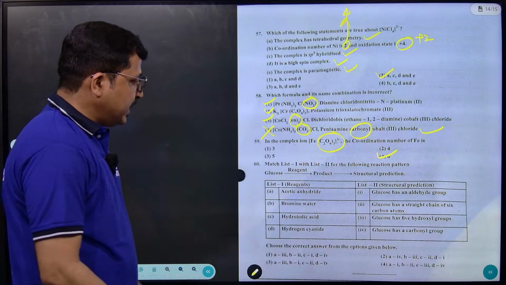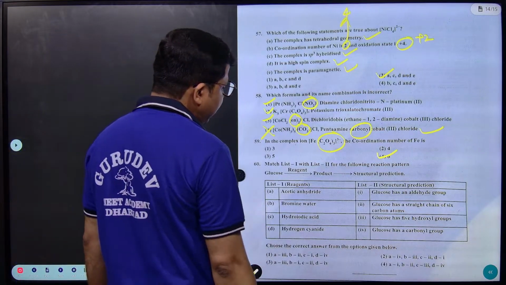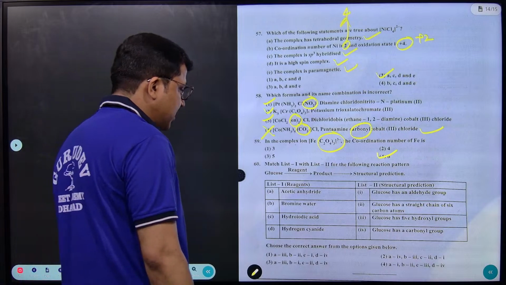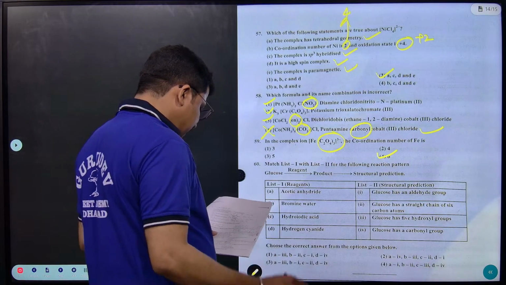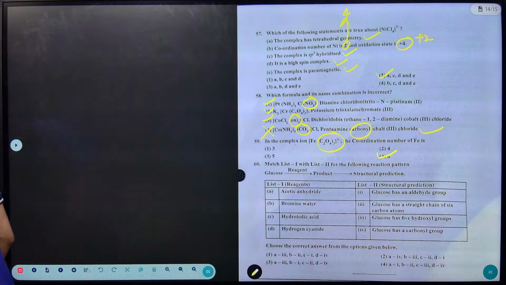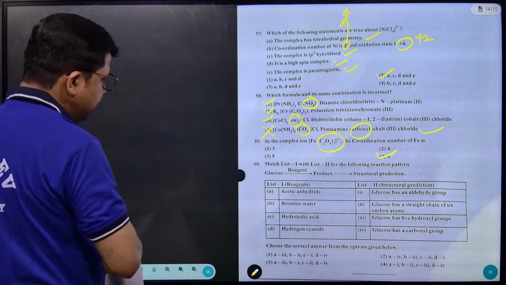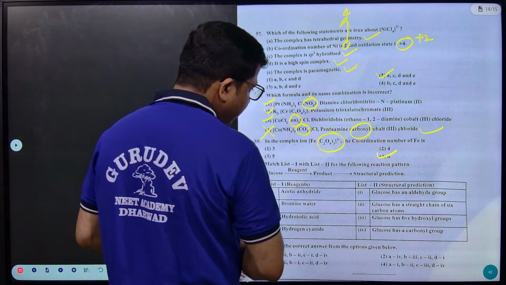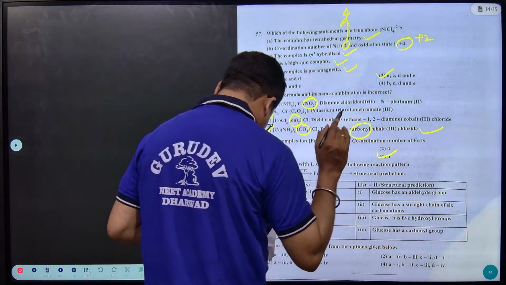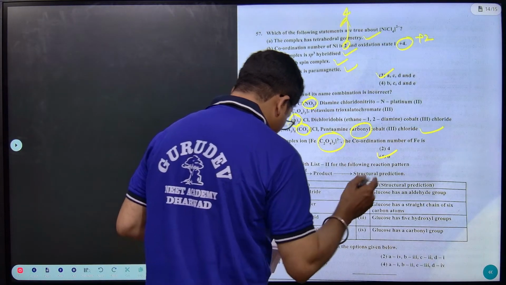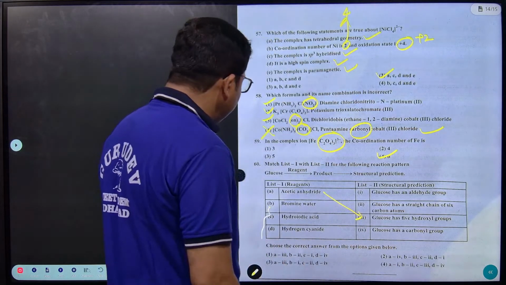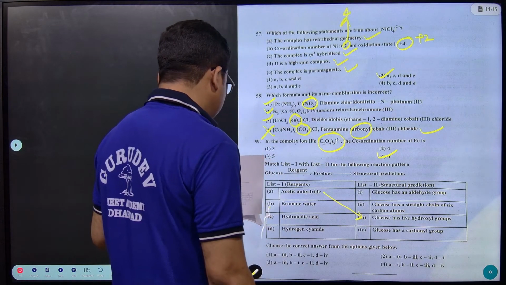And the last one is match the following of reagents with the structural prediction. Acetic anhydride reaction of glucose shows that glucose has 5 hydroxyl groups.